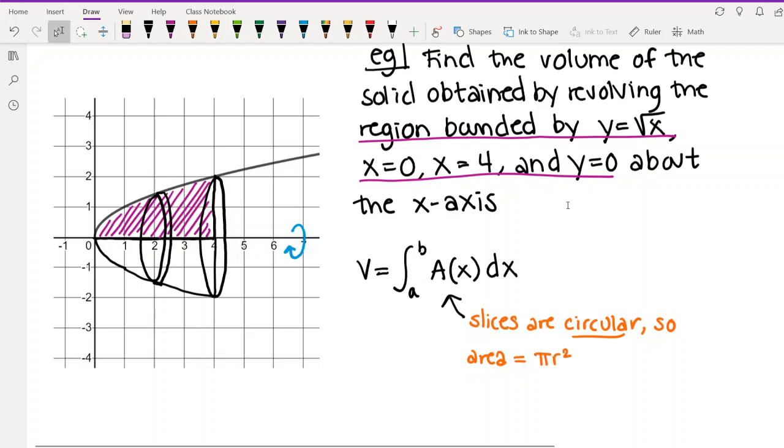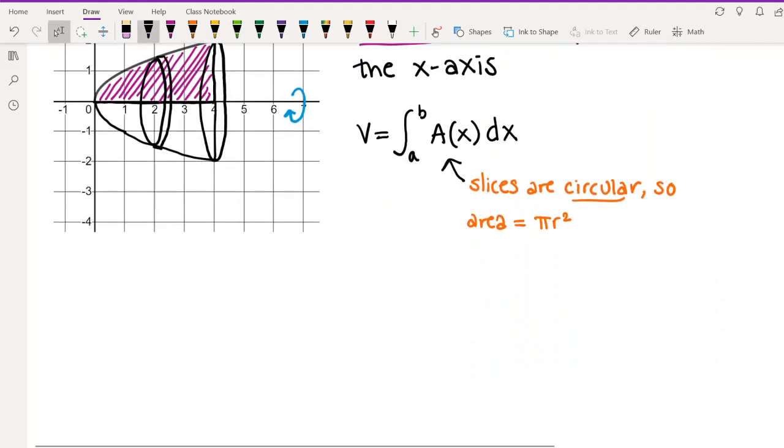And so basically what we need to do is calculate our volume by taking some kind of an integral of pi r squared dx. So again, just to remind you, where is all of this coming from? The pi r squared is the area of the slice, the dx is the thickness of the slice, and the integral symbol represents the fact that we're adding up a bunch of slices.